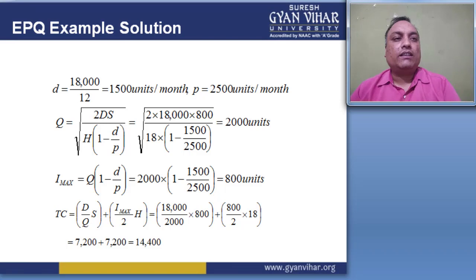So the total cost is 7,200 plus 7,200 equal to 14,400 for this case. So this is the answer of this question. The total cost is 14,400 for this order quantity.